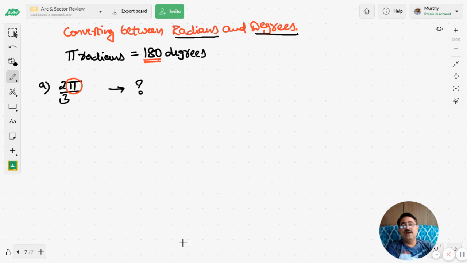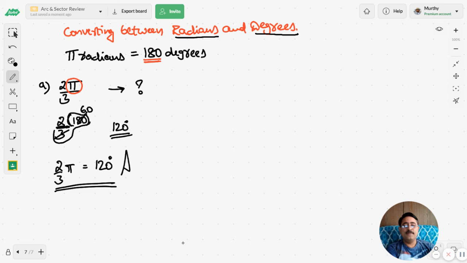Therefore, it is 2/3 of 180. You may make use of a calculator. Let me take the butterfly method. 180 divided by 3 gives me 60. So 2 times 60, 120 degrees. Therefore, 2/3 pi equals 120 degrees. That's the answer.